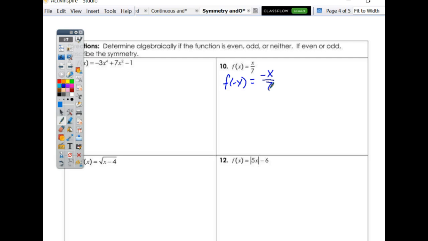Okay, so this is like positive 1 times x over 7, and this is like negative 1 times x over 7. So did it change the sign? It did. So this one is odd.